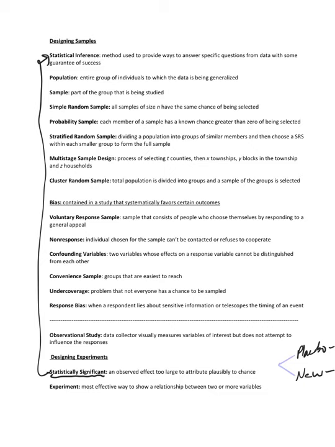An experiment is the most effective way to show the relationship. You get a question commonly about, is this an experiment? Why or why not? And the rationale would be that you are applying treatments.